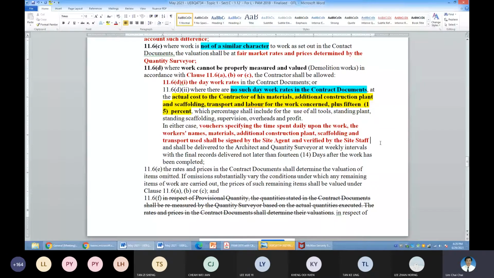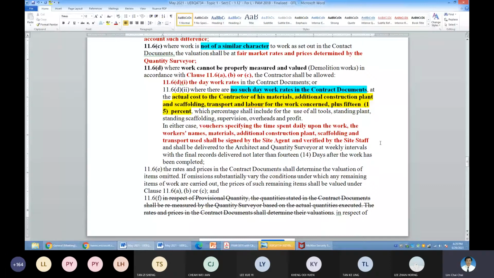I repeat, as a QS, you have to evaluate as per the vouchers, timesheets, and materials that are signed or endorsed by the site agent, the site staff, or the site representative assigned by the named architect. I hope you are clear.